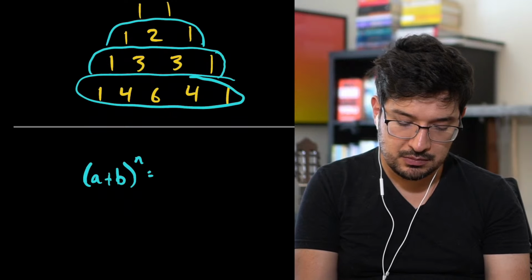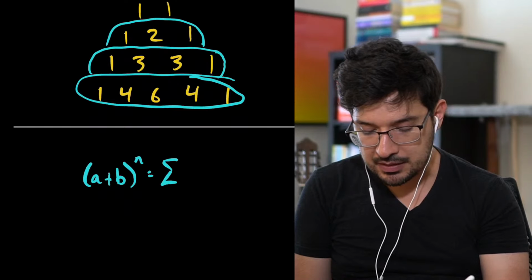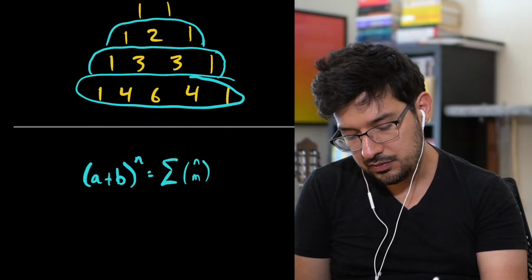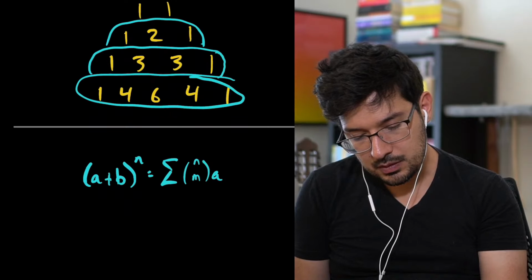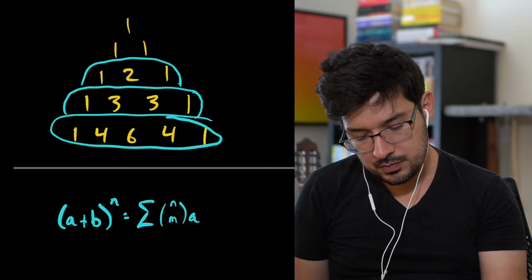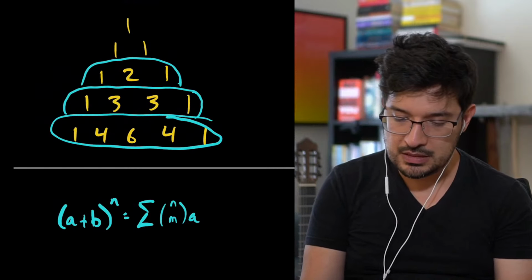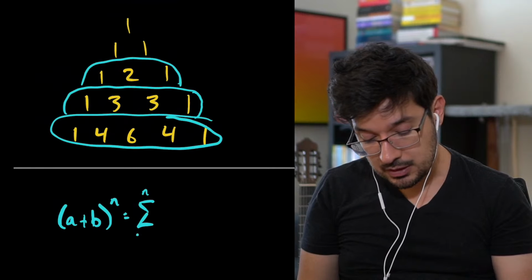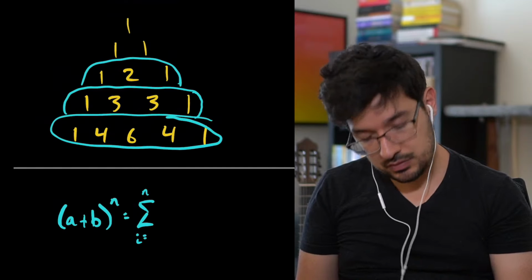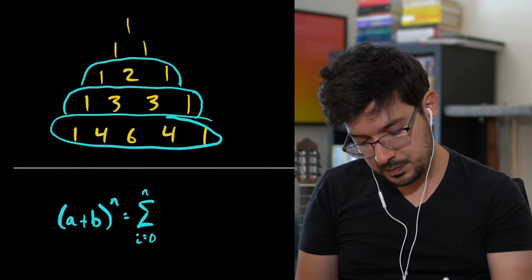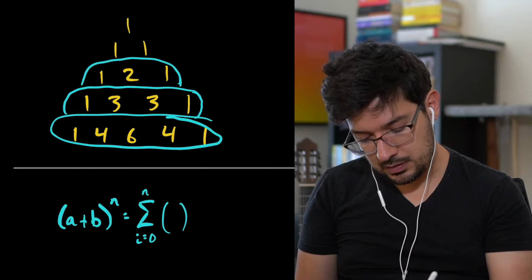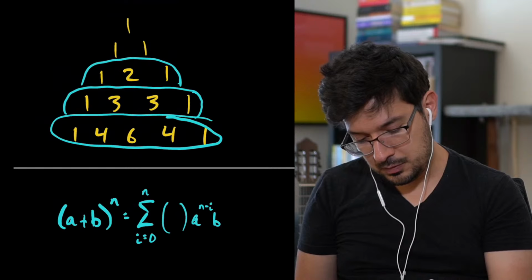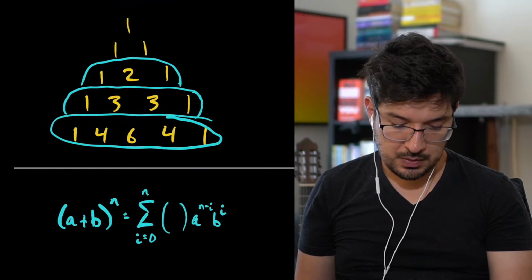And it's slightly tricky to write out the entire thing, but it's a summation with binomial coefficients. Yeah, it takes just a little bit of care to make sure that you get it all correct, but from i equals 0 to n, what is it exactly?